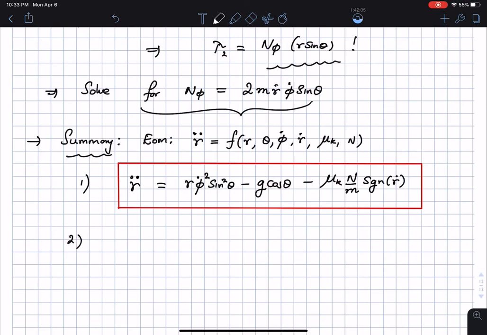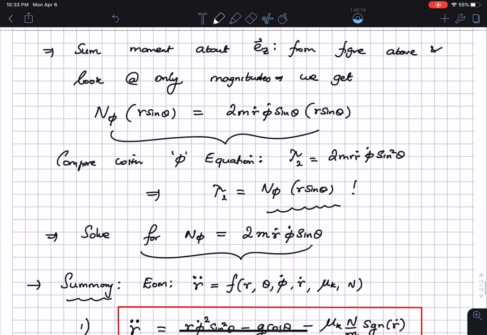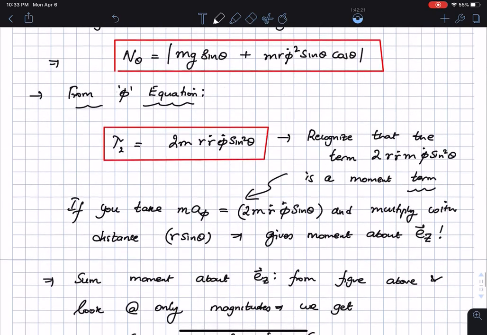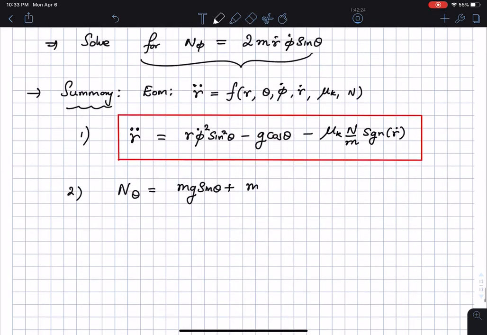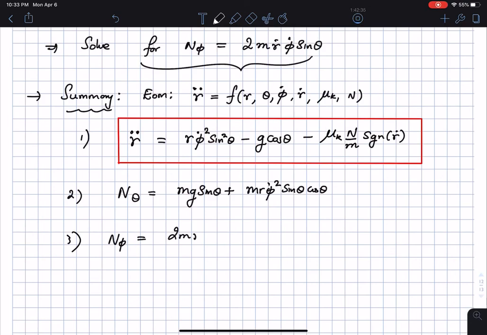And then the second one is n theta. We obtained this as the following. We had this as mg sine theta, magnitude wise. Just writing the magnitudes, mg sine theta plus mr phi dot square sine theta cos theta. And then the third thing is n phi, which we obtained here as 2m r dot phi dot sine theta.